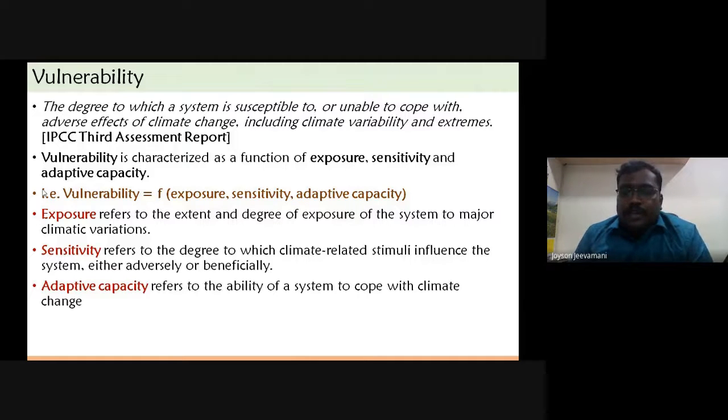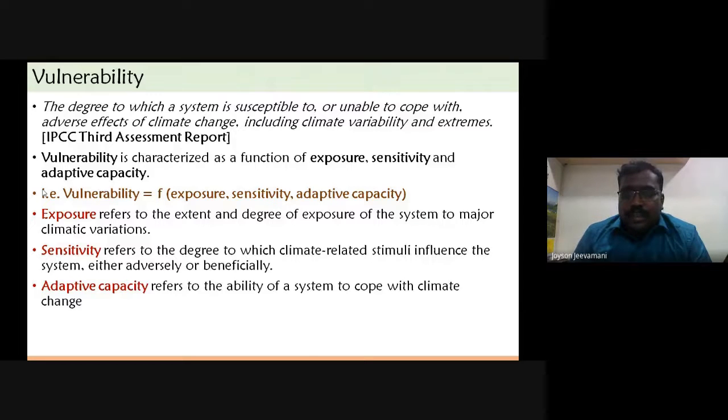If we see each one by one, exposure refers to the extent to which the system is exposed to the major climatic variation. Whereas sensitivity talks about how the system is affected, either badly or positively, by the climate variations. Whereas adaptive capacity refers to the ability of the system to cope with climate change so that it can fight or combat the climate change impacts.